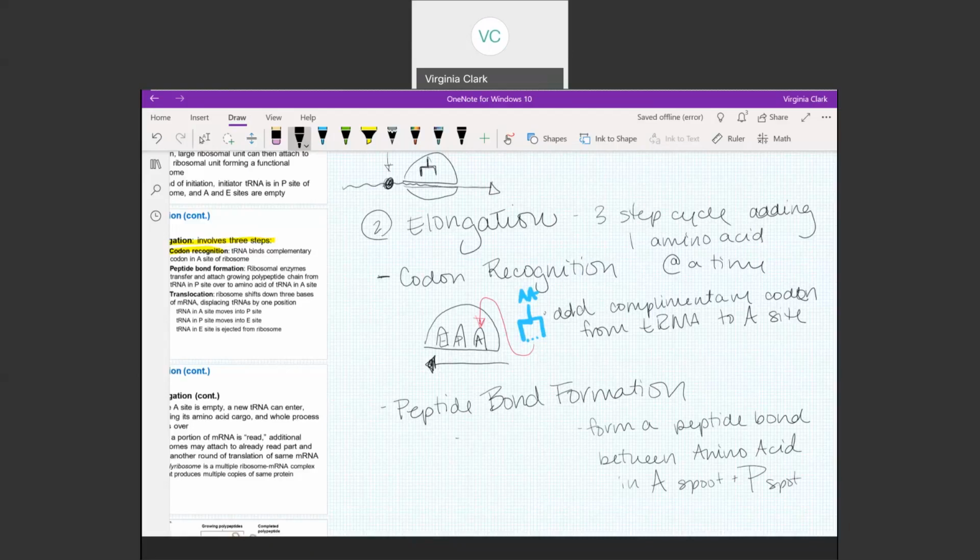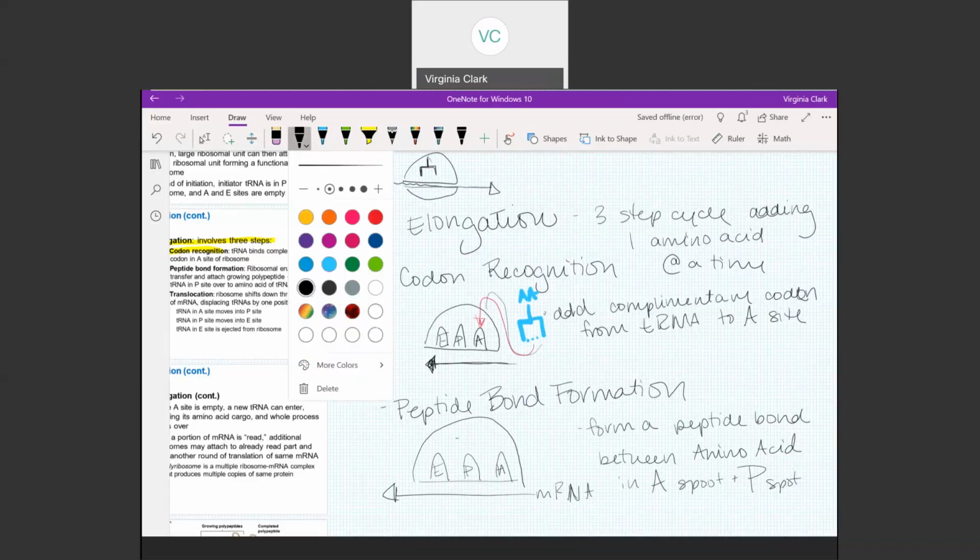So in this little picture right here, here's my ribosome. I'm moving my mRNA through. Here are my 3 sites, A, P, E. With elongation, as you move this through, you just keep adding more and more.